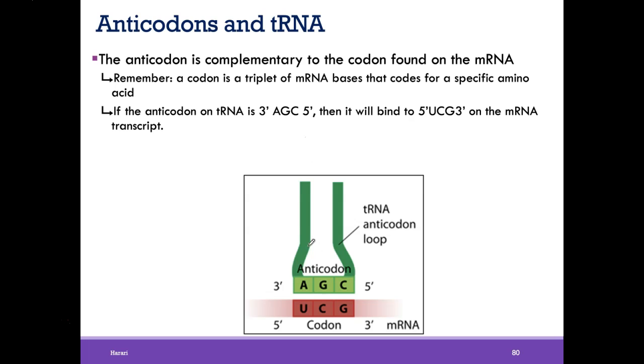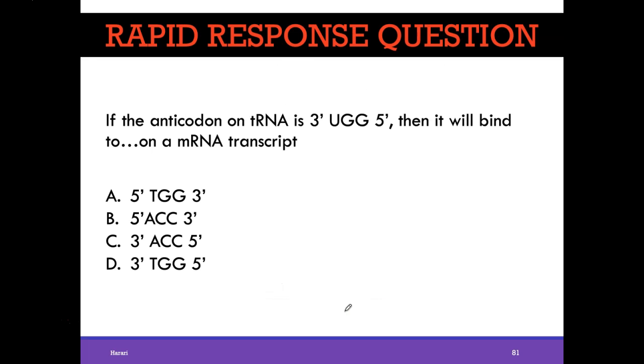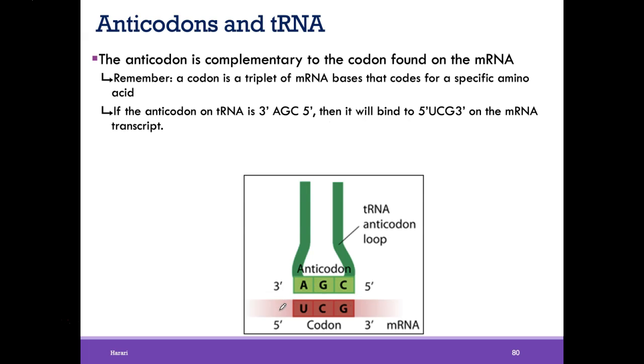How would you figure that out? Well, you would have to look at a codon table. You would look up 5' UCG, and you would figure out that 5' UCG encodes for serine, which means that this tRNA must be carrying a serine.